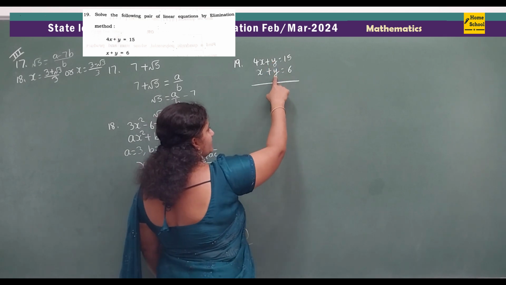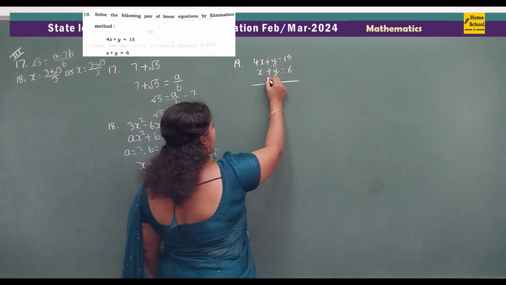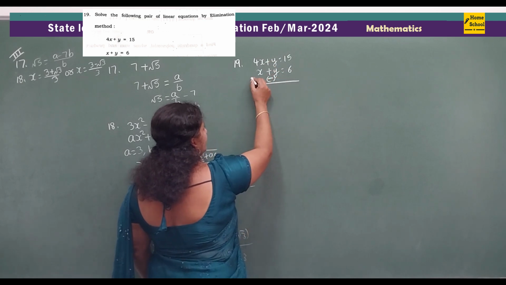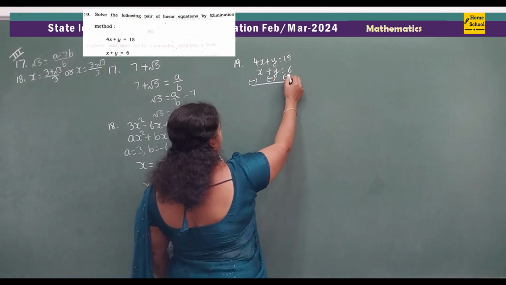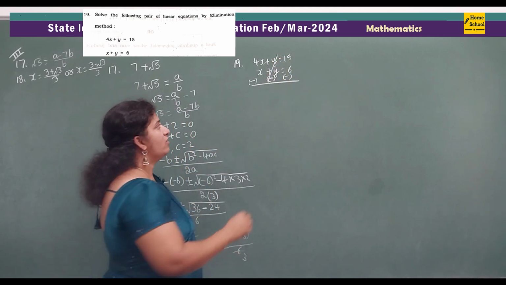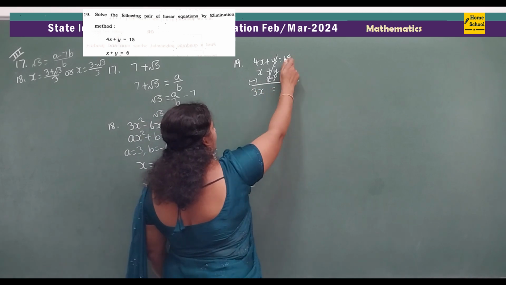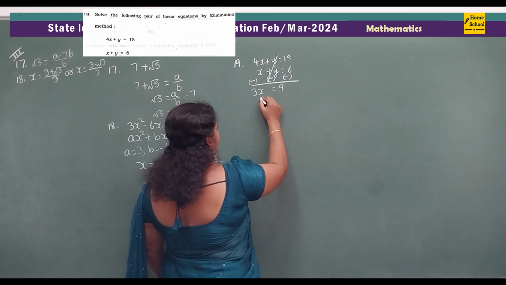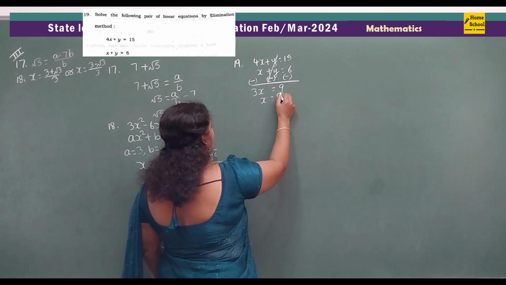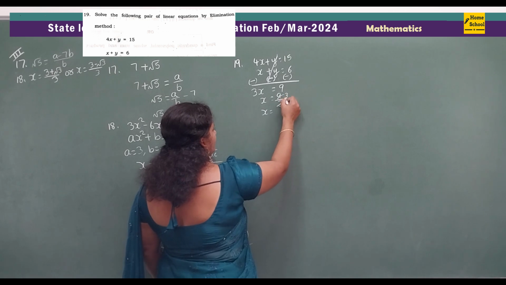So, both are having same value and same sign. So, just subtract the two equations and change signs. Right? Y minus y will be cancelled. 4x minus x will be 3x. 15 minus 6 is 9. X is equal to 9 by 3. X is equal to 3.